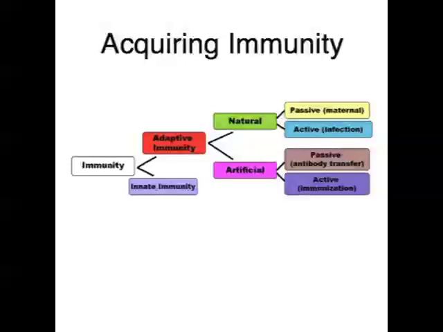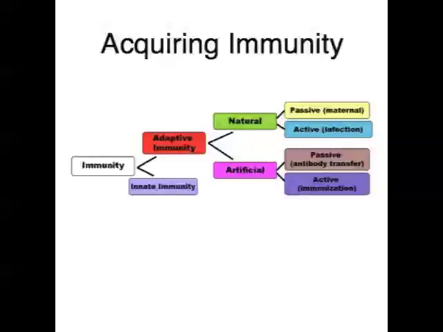Now, active immunity can be acquired in two ways. There's natural active immunity, and that's basically when the body comes into contact with a particular disease-causing organism, which has antigens on the surface of its cells, and then the body creates B memory cells, and then you're immune. Another type of active immunity is called induced active immunity, and it's basically vaccination. Vaccines normally contain either dead or treated living microorganisms, which are called attenuated.